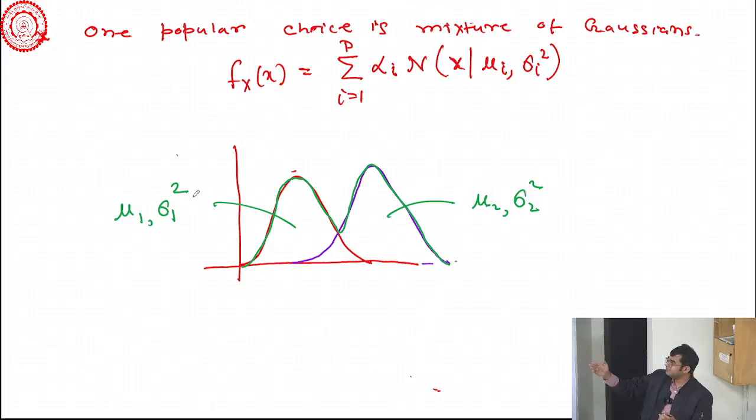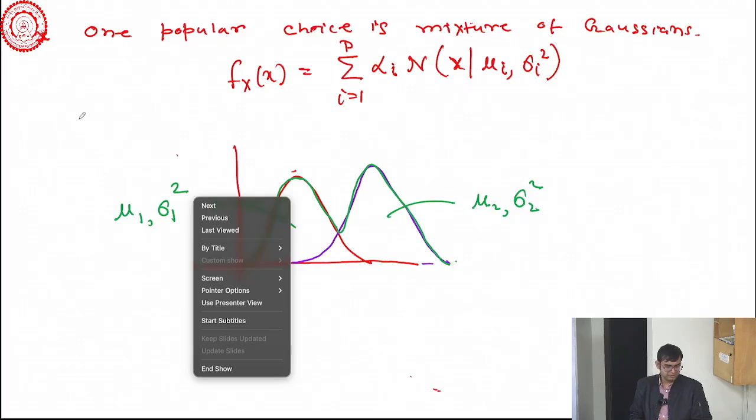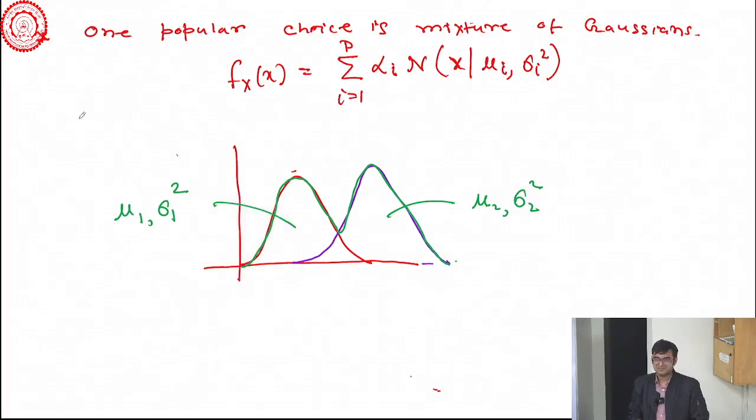And you can imagine if mu1 is equal to mu2, you will go to a unimodal kind of thing. That's what you will ultimately get. But sigma1 can still be different. Even if sigma1 is not equal to sigma2, you will still get a unimodal distribution. How far apart the mus are will determine how many modes you have.